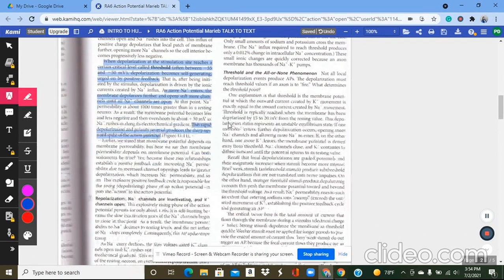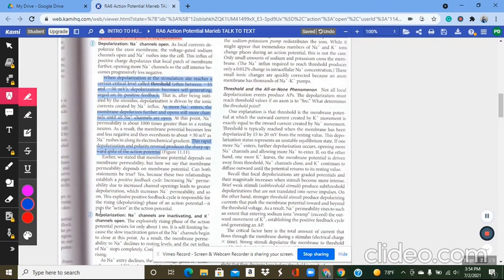Okay, let's move on. Before I talk about the information that I learned in this paragraph, I'll finish this text about the depolarization phase first. So earlier we stated that the membrane potential depends on membrane permeability, but here we say that membrane permeability depends on membrane potential. Can both statements be true?